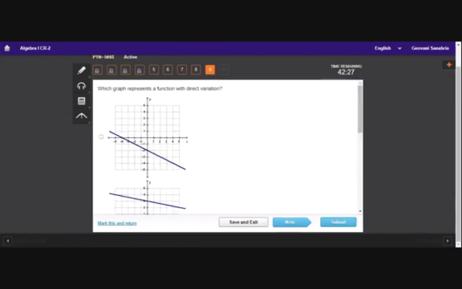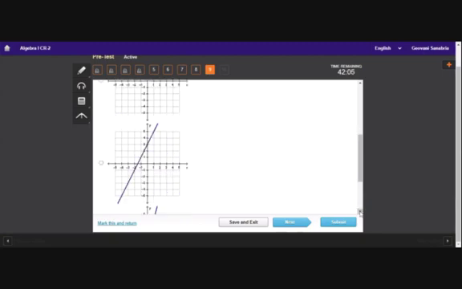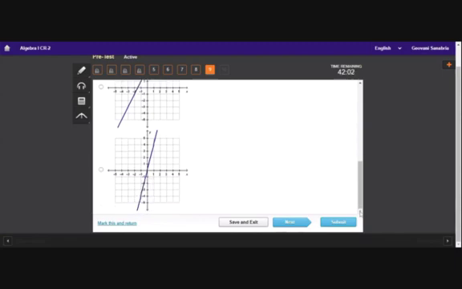Oh, I remember this type of question from the last time we looked at this. Direct variation means also that it goes through the origin, the middle of the graph. Yeah, so like this one.